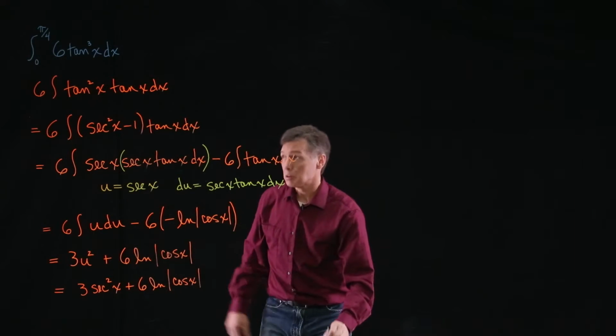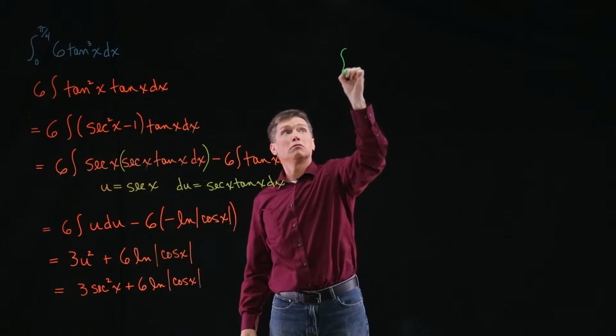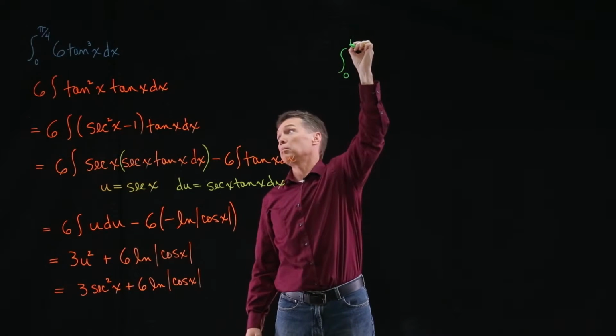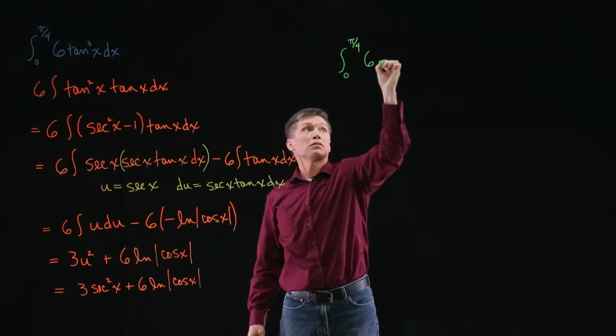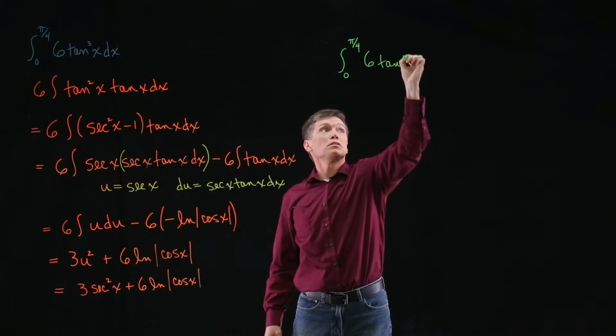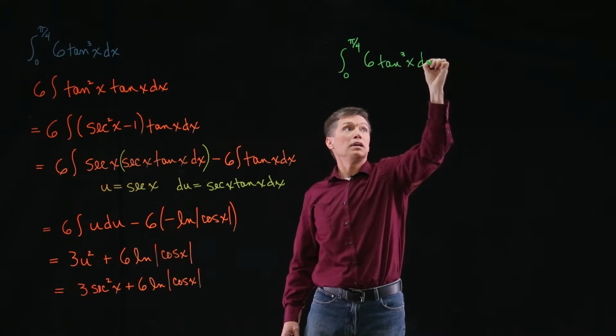Let's come back up to the original integral then and realize I'm going to rewrite it, the original integral from 0 to pi over 4 of 6 tangent cubed x dx.